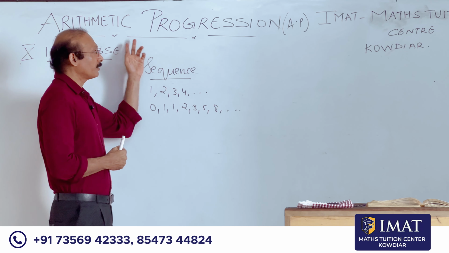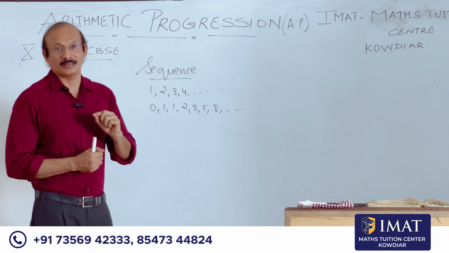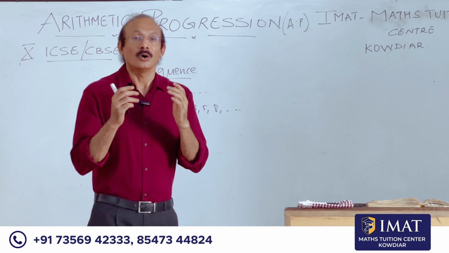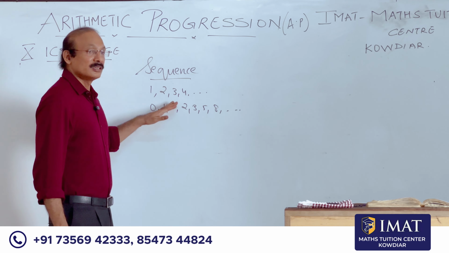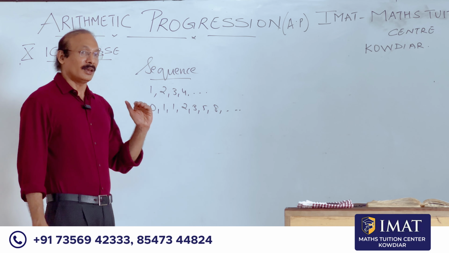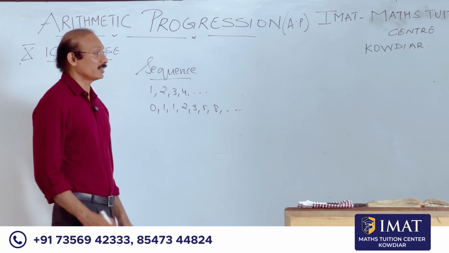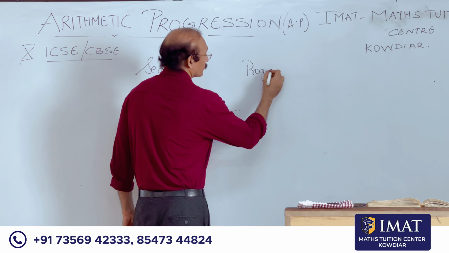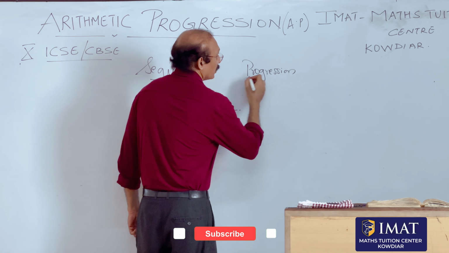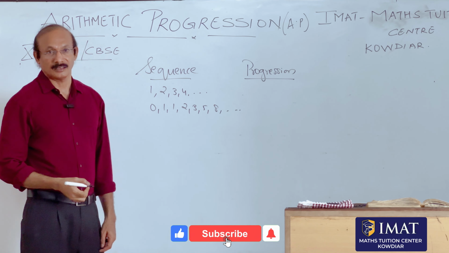Now, the name of the chapter is Arithmetic Progression. So first, we need to know what is a progression. So I just introduced this term called sequence. Now, let us see what a progression is. How is it different from a sequence? What is a progression?